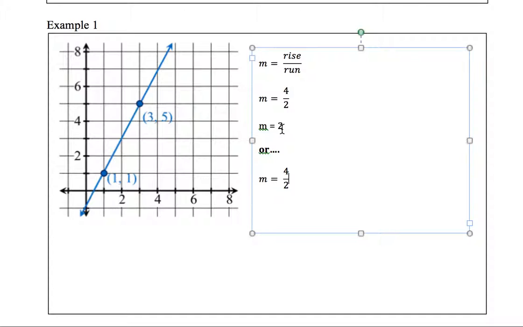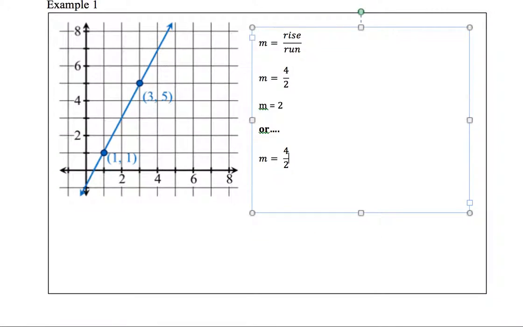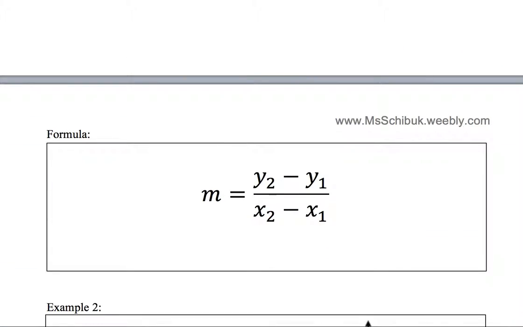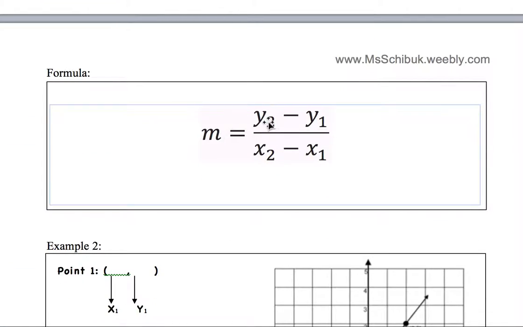So I did this with a very specific example. Now if you turn the page, I'm actually going to give you a formula, and then we're going to practice using the formula. So here's the formula. Start by copying it down. We previously learned that slope is rise over run. Rise just means how much does the y value change?